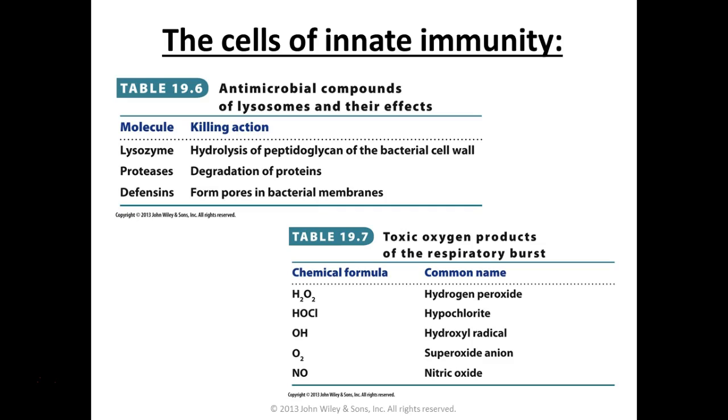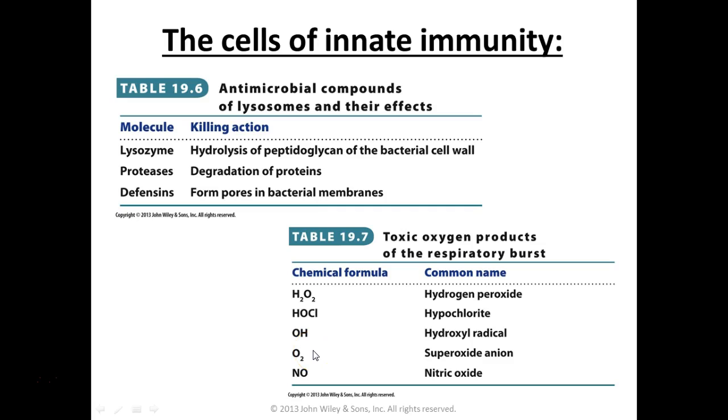So hypochlorite. This is chlorine ions with hydrogen and oxygen, right? This is basically bleach, y'all. We make it in our cells to kill microorganisms. So hydroxyl radicals, superoxide ions, what they don't show here is it usually has a negative charge to it.